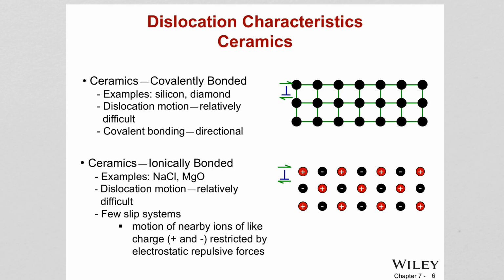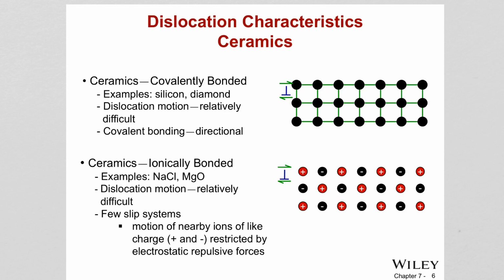So ceramics, we know, are covalently bonded, and silicon and diamond are examples, and this type of bonding is very strong and makes the dislocation harder to move in the structure.